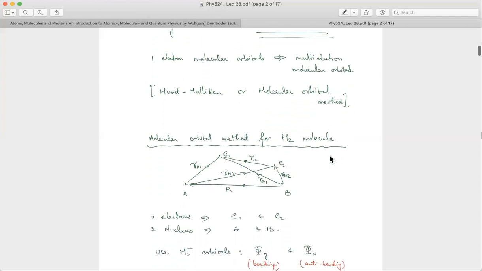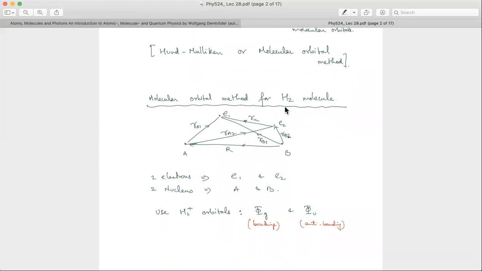Okay. So let's start with the hydrogen molecule, the H2 molecule. So now I have two nuclei, A and B, and I have two electrons, 1 and 2, basically. Here's the labeling scheme. From the A nucleus, electron 1 can be at distance RA1, and electron 2 will be at distance RA2, and from nucleus B, electron 1 is at distance RB1, and electron 2 is at distance RB2.